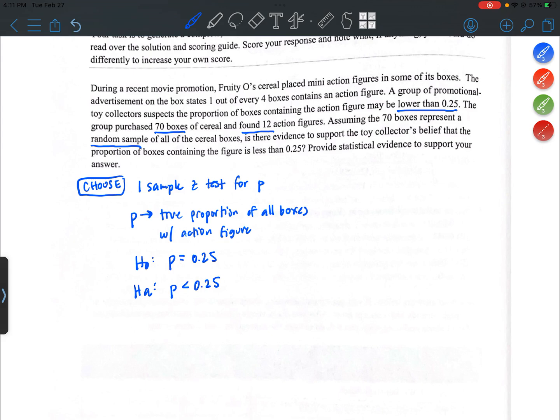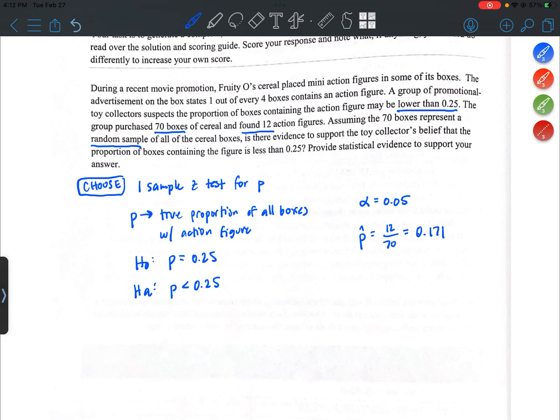All right, our significance level. It does not tell us what significance level to use, so I'm just going to use the standard 5%. And now our statistic. 12 out of the 70 boxes in the sample had an action figure, and that is 0.171.